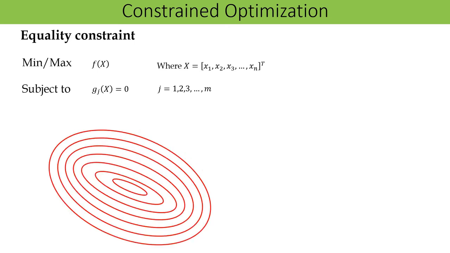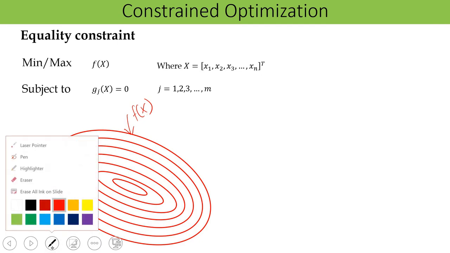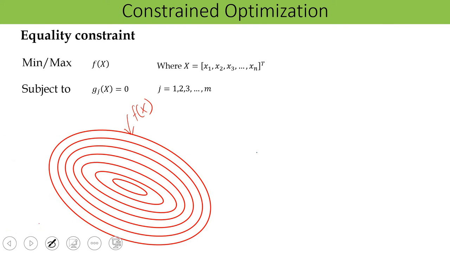Now suppose I plot the function, an arbitrary function. This is the contour plot for f(x). Now what is the minima here?